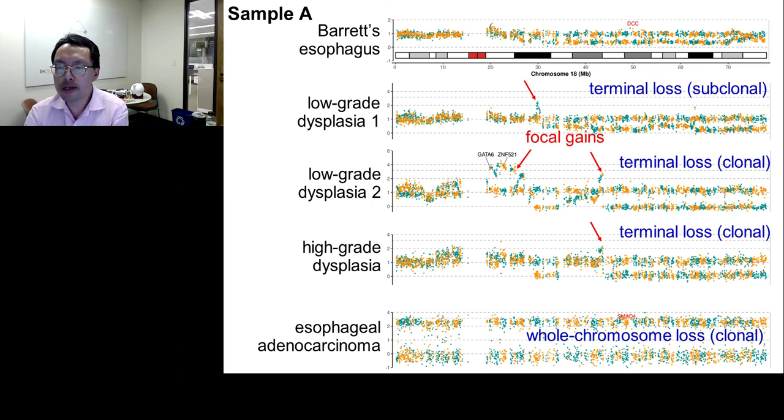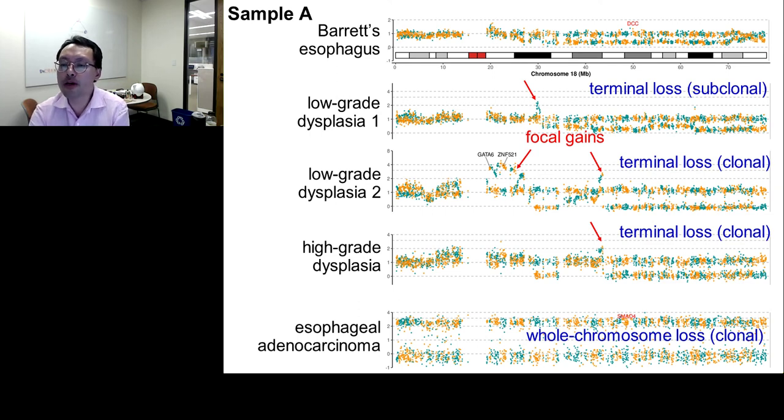Now, remarkably, some of these focal amplifications are shared, for example, between low-grade dysplasia 2 and high-grade dysplasia, but there are other focal amplifications that are private to individual lesions. For example, in low-grade dysplasia 1 and low-grade dysplasia 2, there are focal gains, in this case even including known cancer genes, that are lost or not observed in high-grade dysplasia.